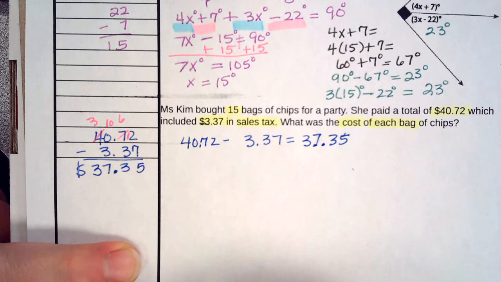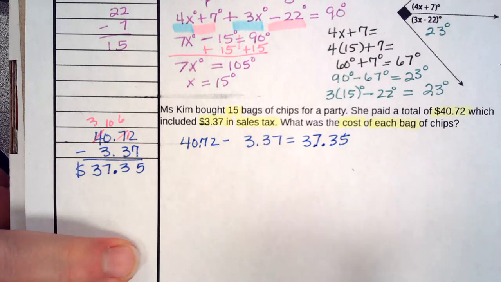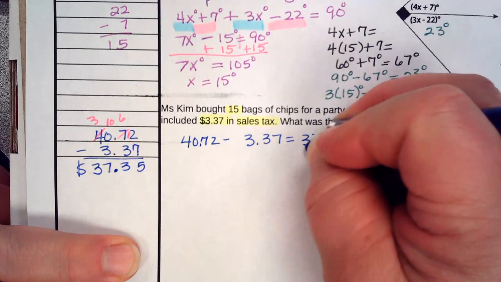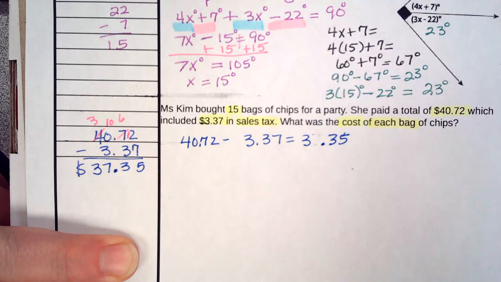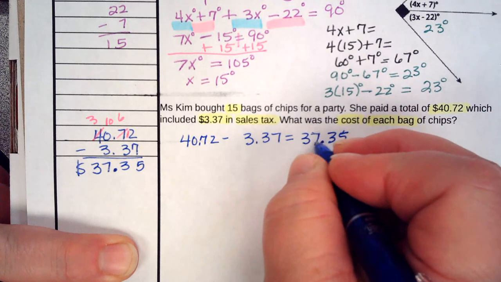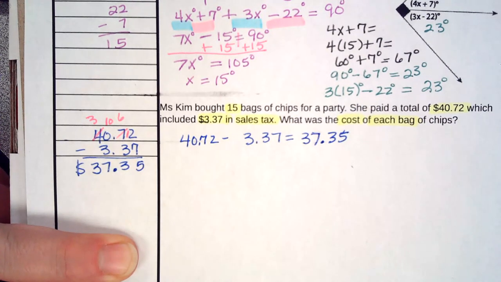But that's for how many bags? Well, that's for 15 different bags. So how do we distribute it evenly? Do we add, subtract, multiply, or divide?